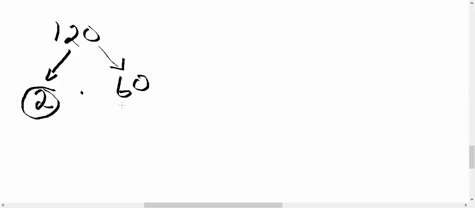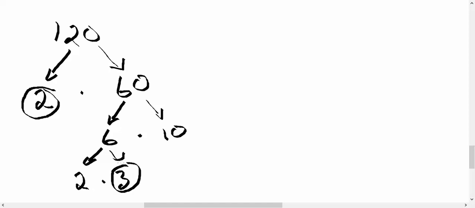Okay, now I need to think of two things that multiply to give me 60. Well, 6 times 10. Now neither of those are prime, so I can't circle them, but I'll give them two little arrows. 6 is 2 times 3. Circle those. And 10 is 2 times 5.